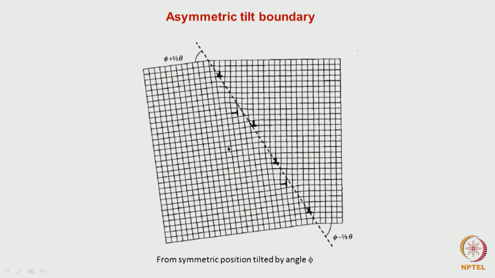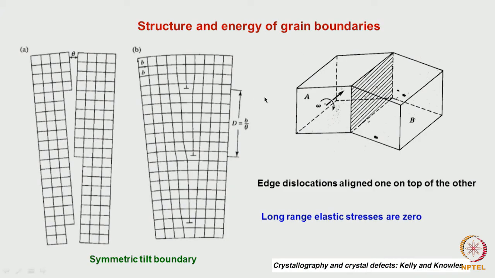So far we looked at just the structure of the simple tilt boundary. Another aspect which we have to look at here is that the tilt angle itself is controlled by the Burgers vector and the separation between the dislocations. That is, the angle theta of the tilt will be b by d.